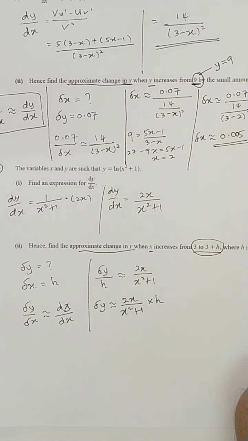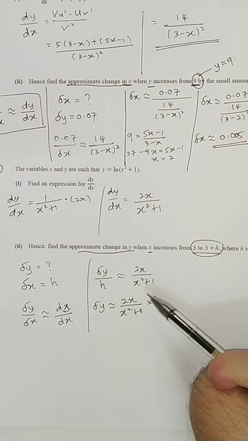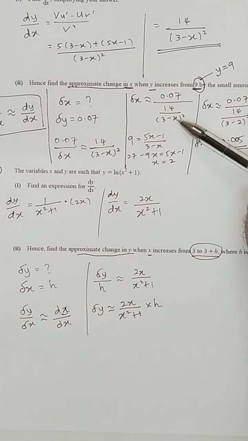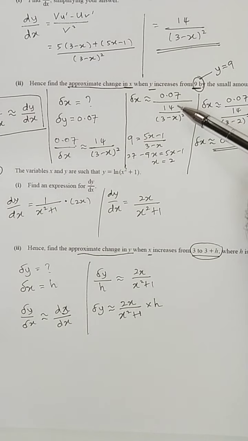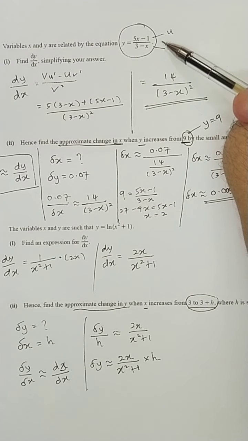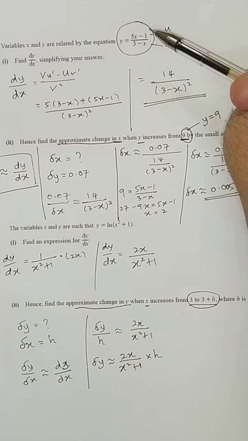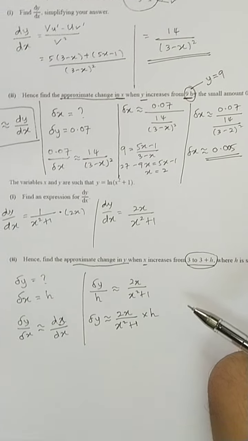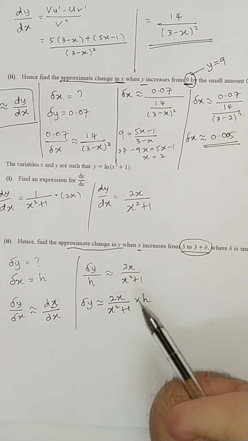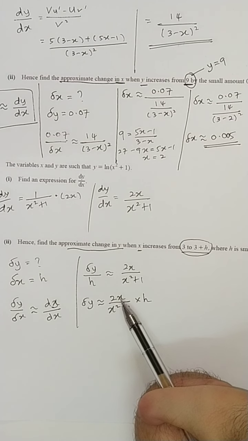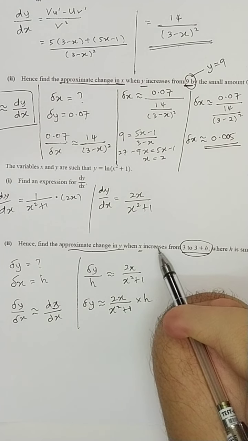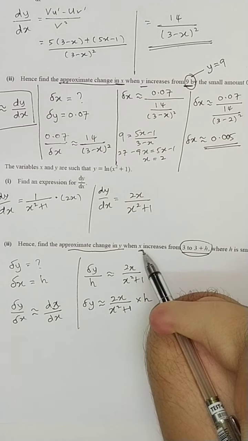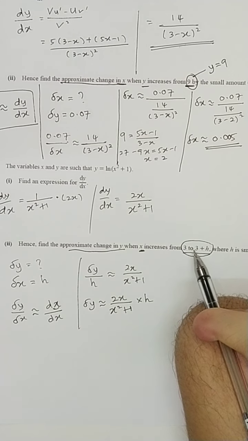Now if you compare this question with the previous question, in the previous question, in order to get the value of x, we needed to substitute y into the original equation. For this question number 2, in order to know the value of x, we can directly use the information given here, because it says that x increases from 3 to 3 plus h.